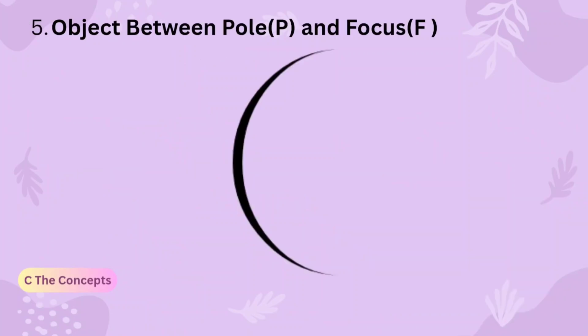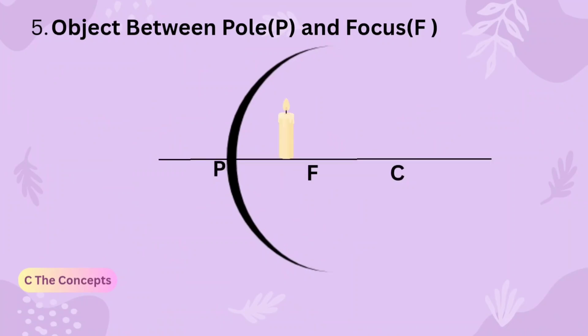Let's move on to the fifth object position, that is object placed between pole P and focus F. Draw the principal axis, mark the points pole P, focus F, center of curvature. Once you place the object, select a ray parallel to the principal axis.